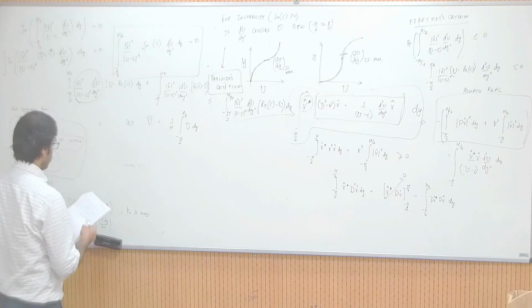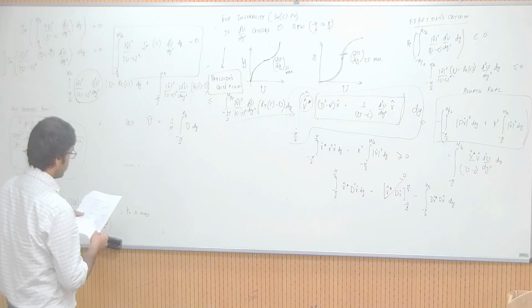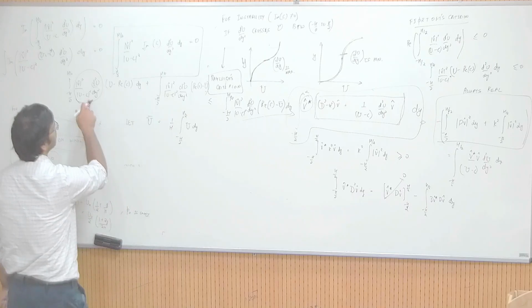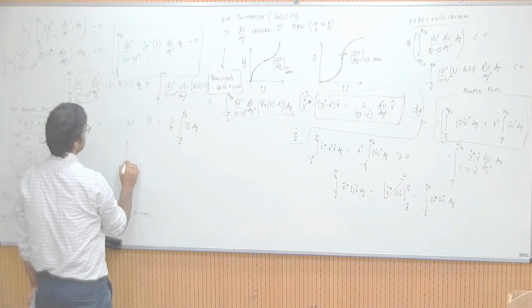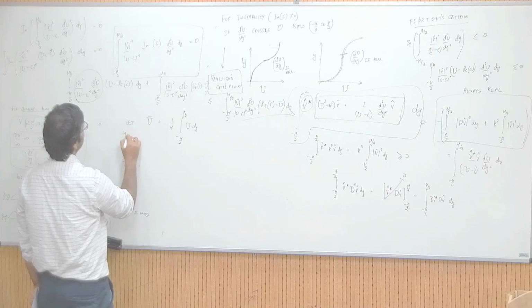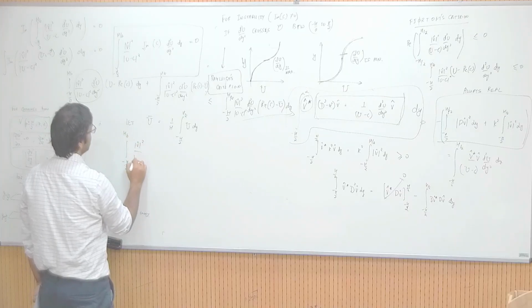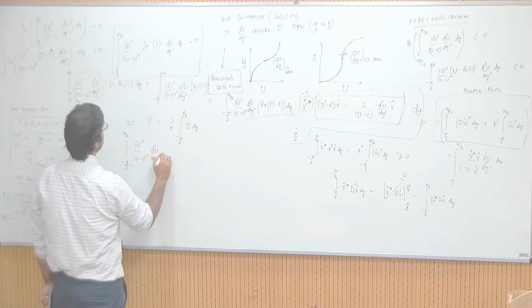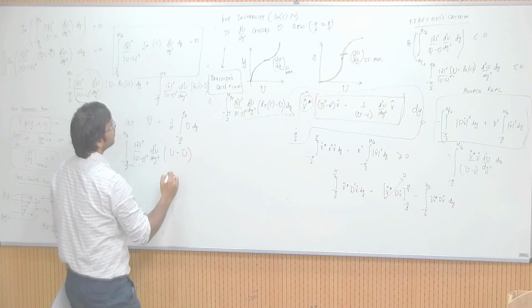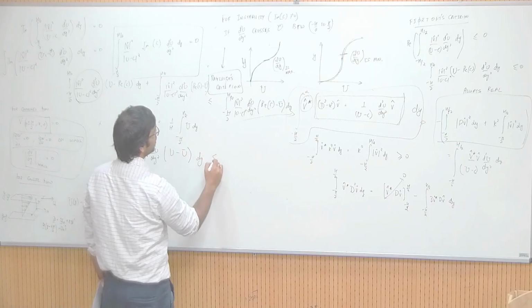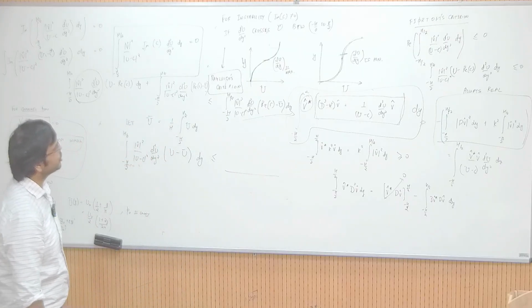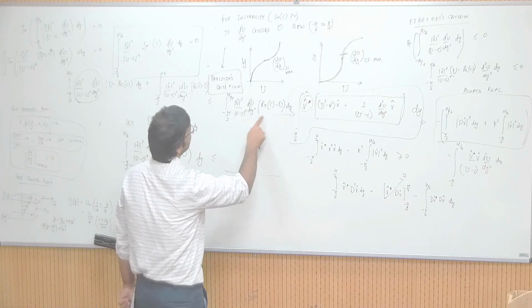Now our job is to show that, on the left hand side, minus h by 2 to h by 2, mod v hat square by mod u minus c square, d2u by dy square, u minus u bar dy should be less than or equal to this term.